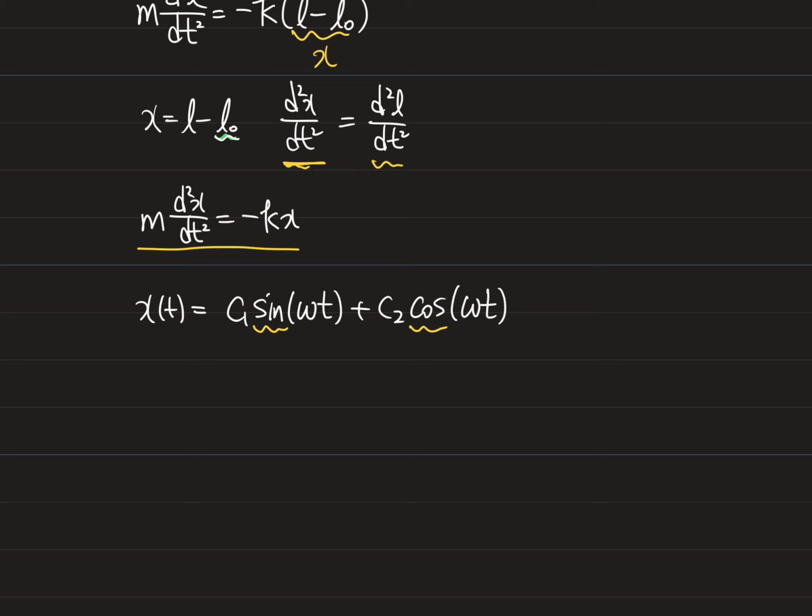So this solution describes an oscillation, because both sine function and cosine function oscillate over time with a period of 2 pi. And here the omega is the angular velocity.